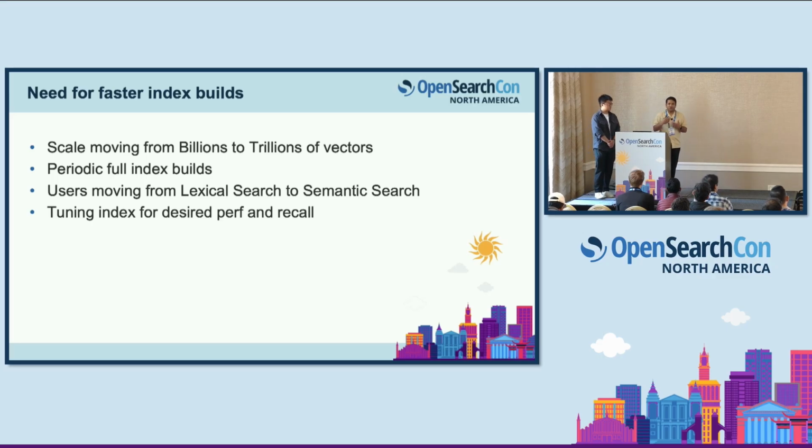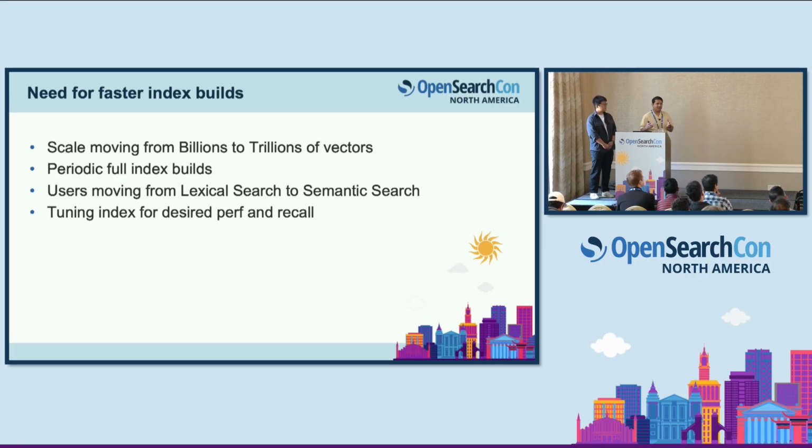I want to showcase quickly that, hey, this is working or not. Or even if I have to convert my lexical search index to a vector index, how do I do it? That's where having a faster index build will help you. You want to try out multiple models, you want to try out different configurations, and that's where faster index builds help.